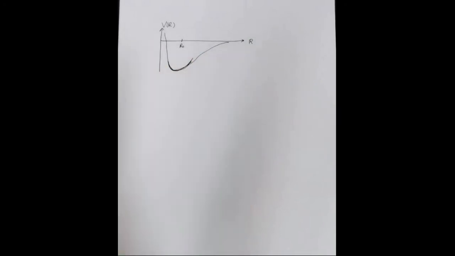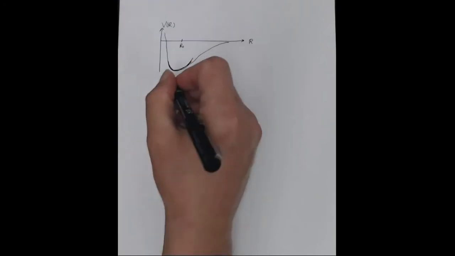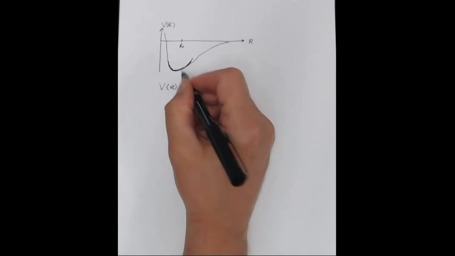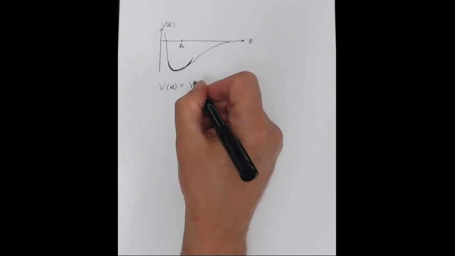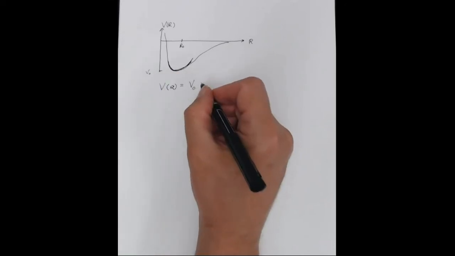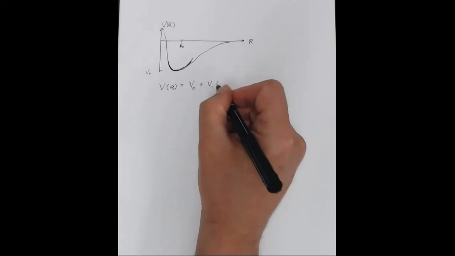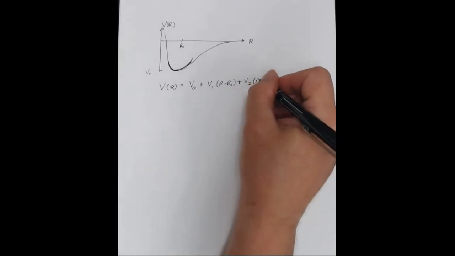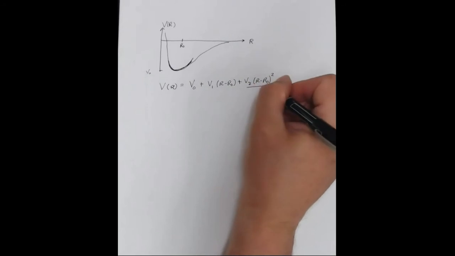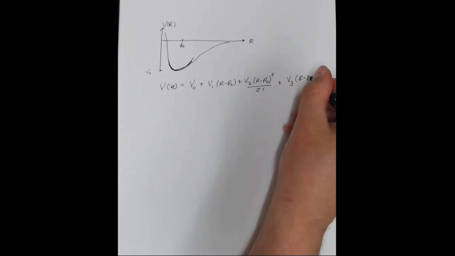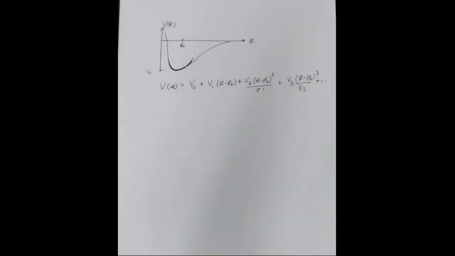In fact, if I were going to expand the potential energy about the equilibrium point in a Taylor expansion, I'd have a constant V naught plus another constant times R minus R naught to the first power plus another constant times R minus R naught to the second power over 2 factorial plus R minus R naught cubed over 3 factorial and so forth.